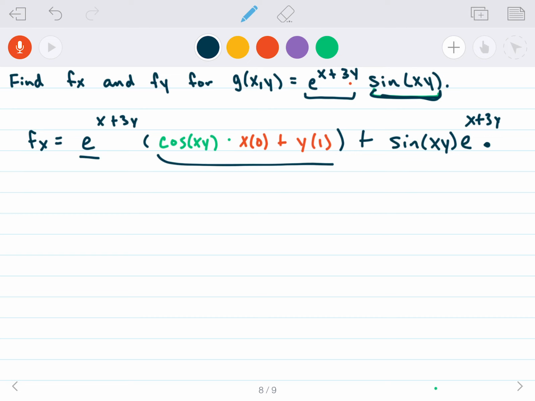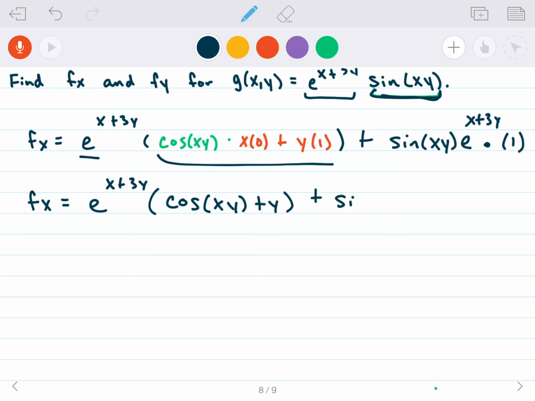Because y is a constant. So this is just, sorry, not times 0, times 1. So we have the partial derivative with respect to x is going to be e to the x plus 3y, and I'll clean all of this up a little bit, then we have cosine xy times y, plus sine of xy times e to the x plus 3y.